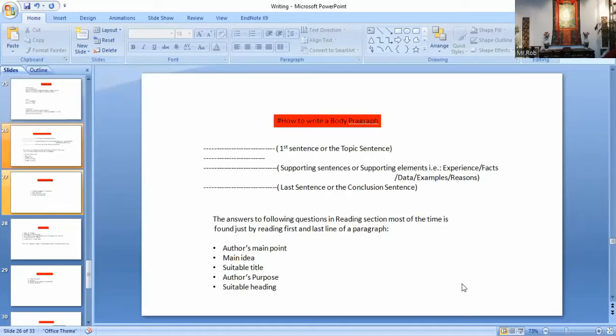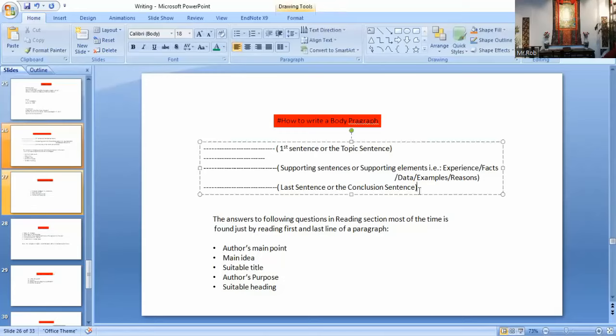Okay. The answers to questions in the reading section are most of the time found just by reading the first and last line of a paragraph. So this is how you write a paragraph. If you know how to write this paragraph, it will also help you in the reading section of an IELTS test, because the first line and last line will be almost the same in all paragraphs.